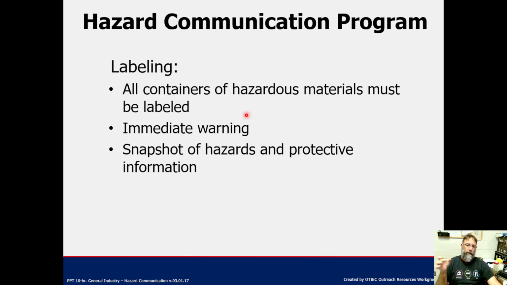They need to be labeled. Coolant or cleaner or whatever, they need to be properly labeled. Warnings, and then a snapshot of the hazards and protective information. So we're going to learn about the hazard and protective information we learned from last week. PPE is basically what they're asking for. What is the required PPE for those?